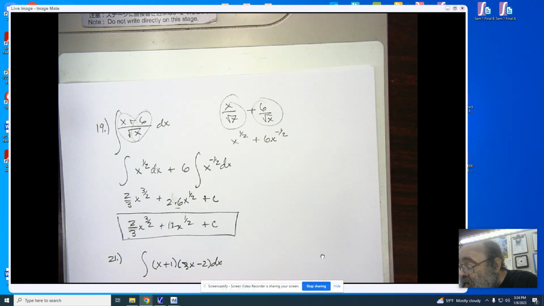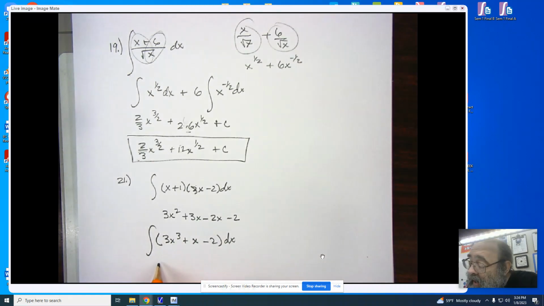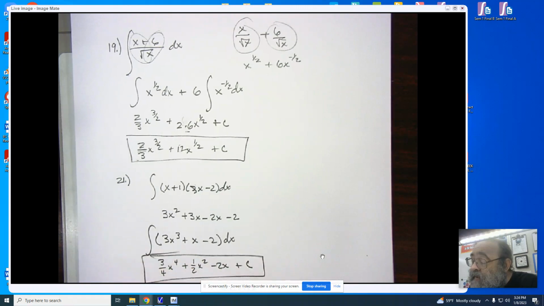This will simplify into 3x squared plus x minus 2. And this is now what we're going to integrate. When I integrate, I end up with 3/4 x to the 4th power plus 1/2 x squared minus 2x plus c. And this is now my answer.